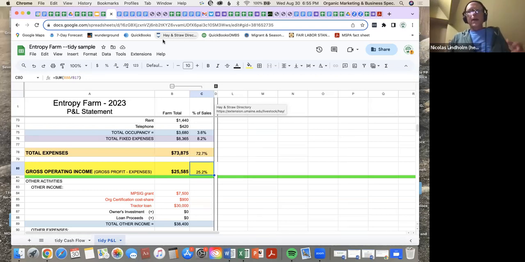What's lovely about either a Google or an Excel spreadsheet, as opposed to a pencil and paper ledger or even QuickBooks, is that in spreadsheets you can put it in there and then take it out pretty easily too.